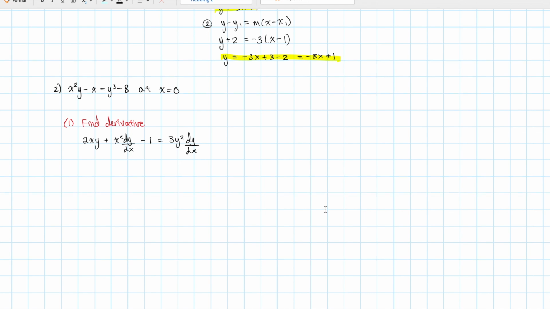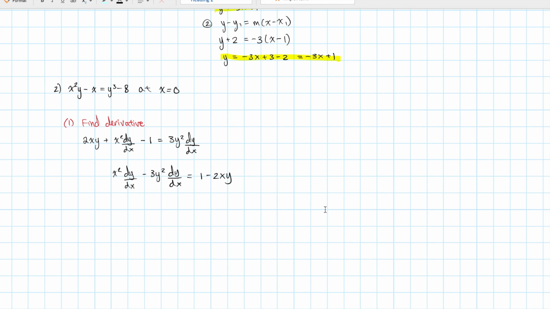So I'm going to choose this side here, subtracting 3y squared dy over dx on both sides. Okay, that's subtracting this from both sides. And I'm going to add 1 to both sides, so it cancels out on the left side. And I'm going to subtract 2xy, so it cancels out on the left side as well. So we have 1 minus 2xy.